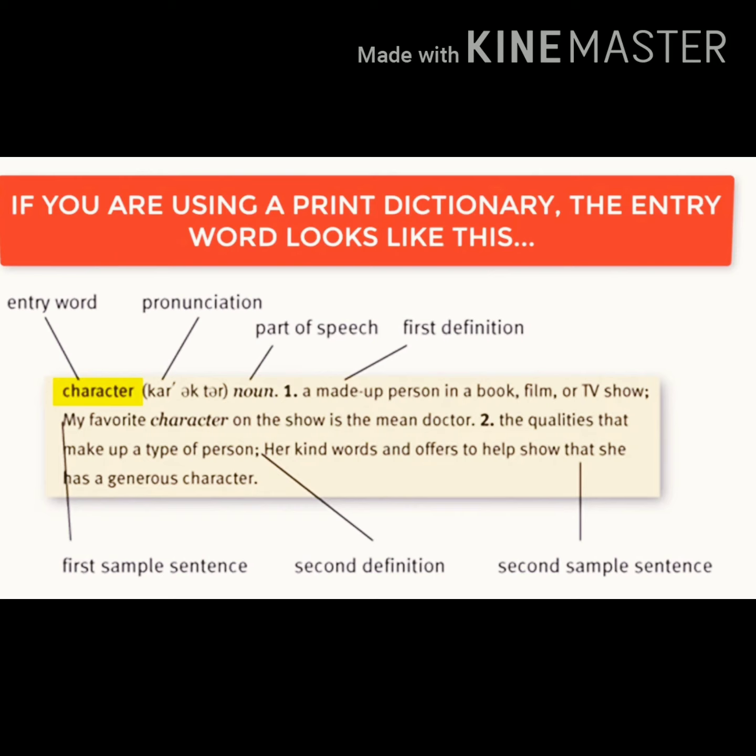The second point shows you the second meaning, or second definition, of the same word: the qualities that make up a type of person. Again you have an example of the same meaning: Her kind words and efforts to help show that she has a generous character. So in this way we can learn about the sample sentences of the same word character.